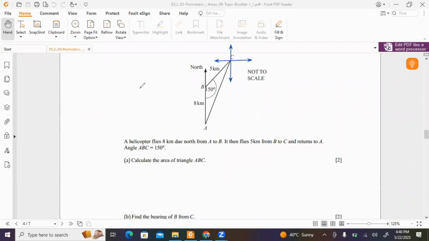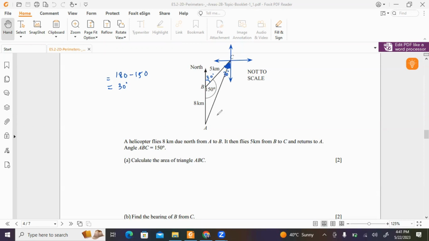We can find this angle by doing 180 minus 150, which is 30. And we know that in parallel lines, alternate angles are equal to each other, which means this entire thing would also be equal to 30.